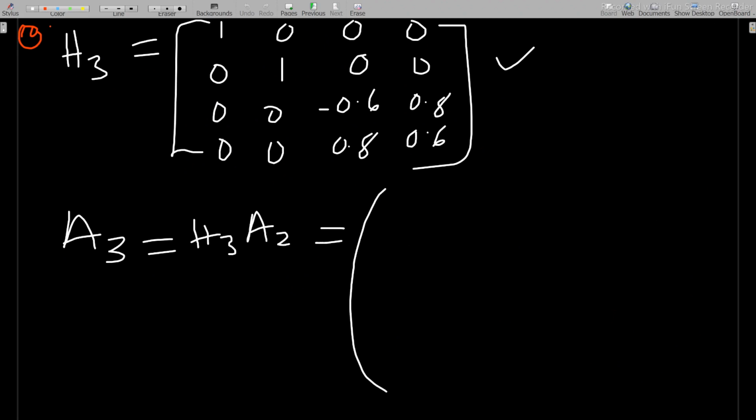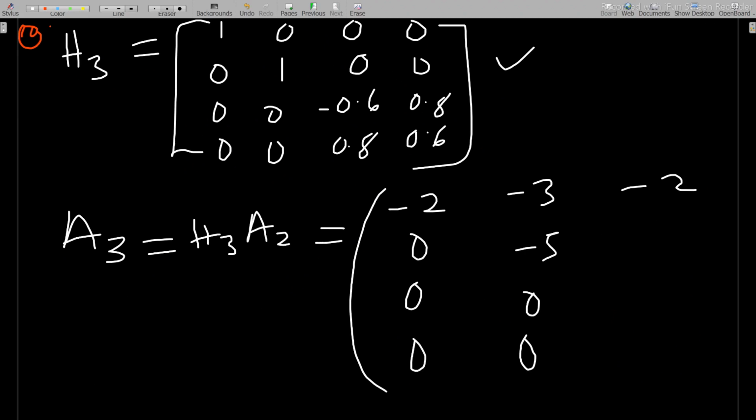The last one is negative 2, negative 3, negative 2, 0 0 0, negative 5, 0 0. I'm writing them in a column form. So we get a 2 here, a negative 4, negative 4, then 0.